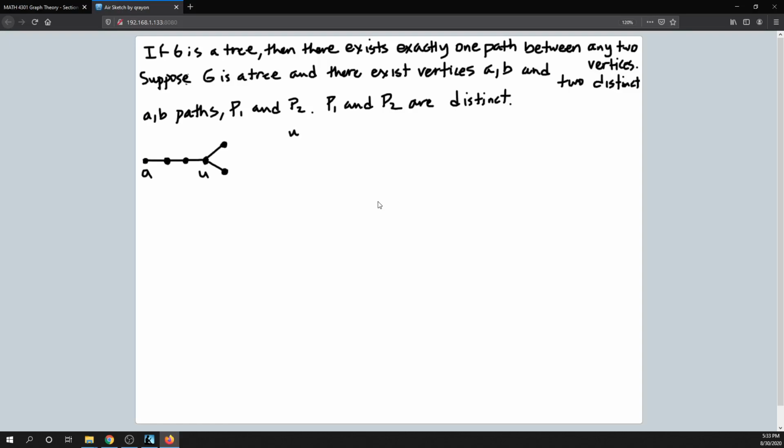So U is in both P1 and P2, but the next vertex after U is different in P1 and P2.